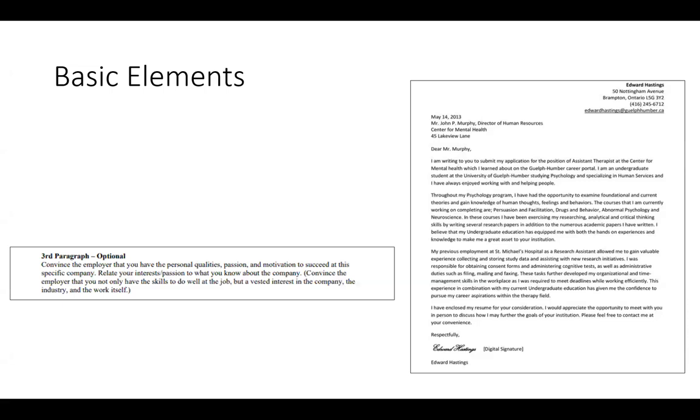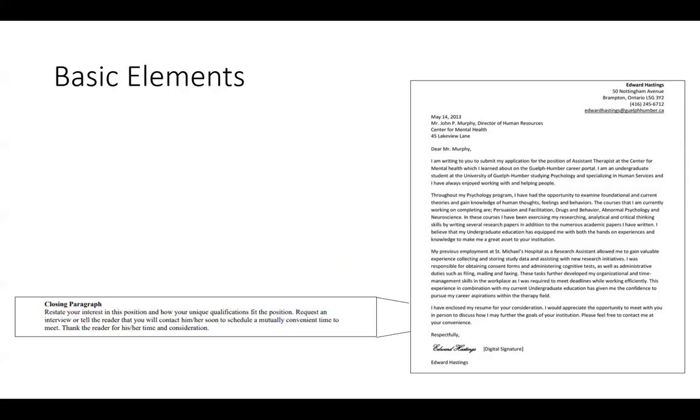Basically, it's not just that you can do the job, it's that you want to do the job, that you're planning to commit to the organization or to the program and really bring your effort in addition to your skills and experiences. And then finally, the last major element is going to be the closing paragraph.